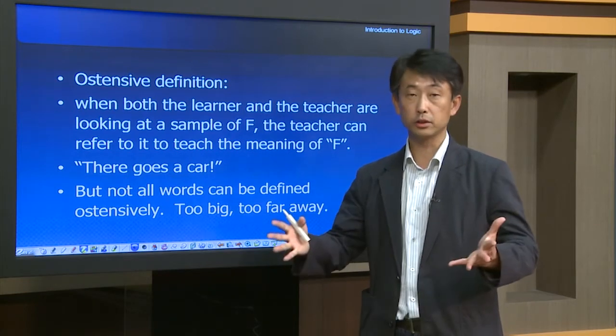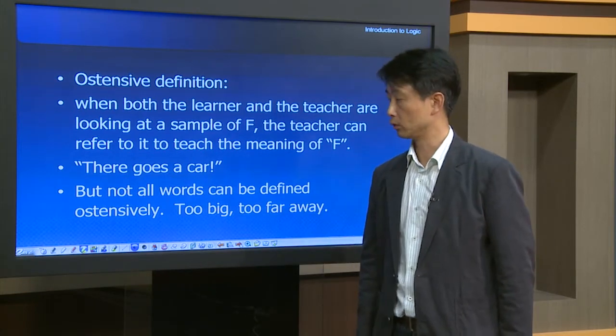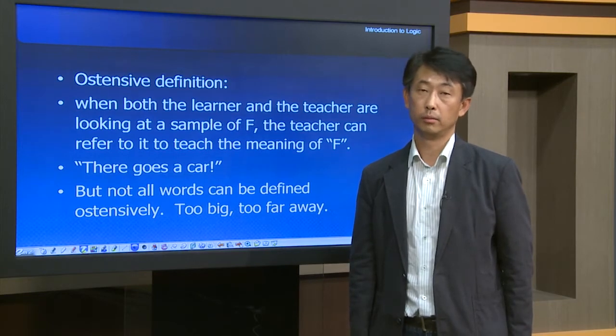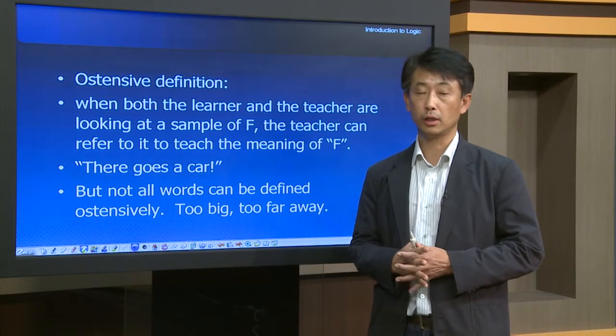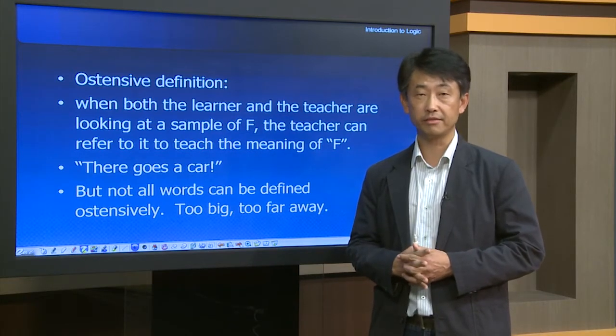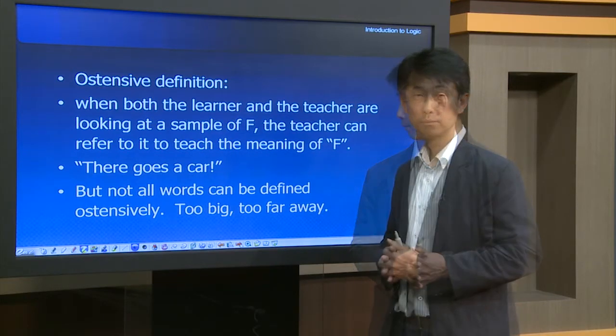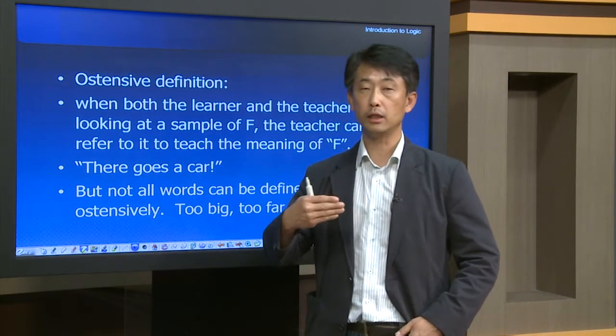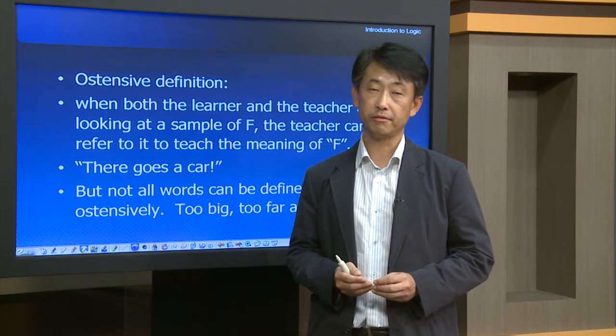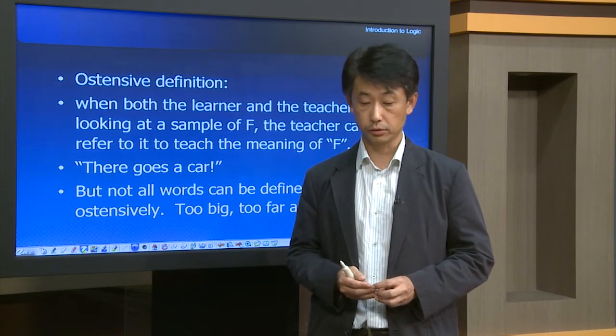For example, certain galaxies are too far away, so people cannot see them. So in that kind of case, ostensive definitions are useless. So that means we need a type of definition other than ostensive definitions.